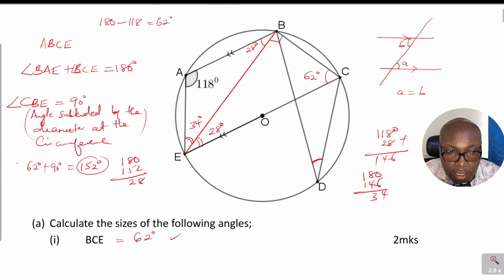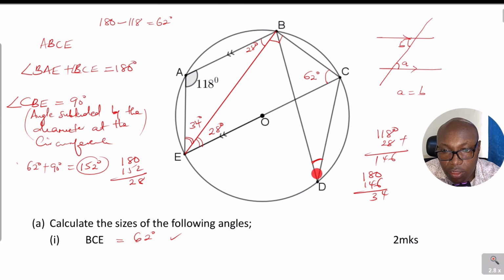That arc subtends two angles at the circumference. So from B, you go straight to E, then to C. So look at that angle, 28. The same chord or the arc subtends another angle at the circumference.